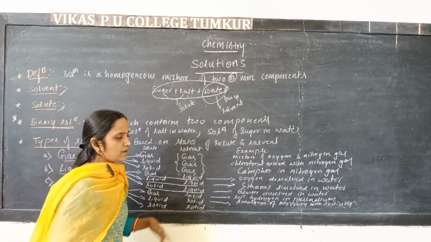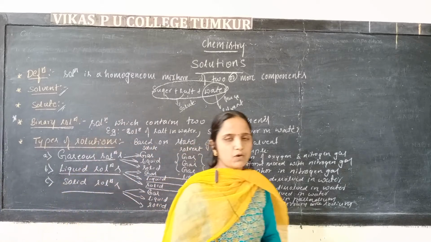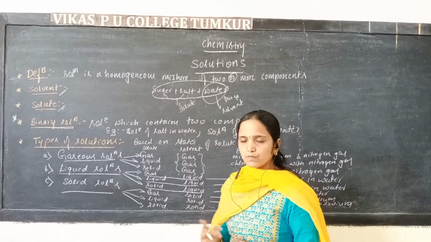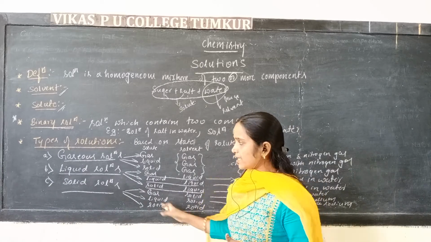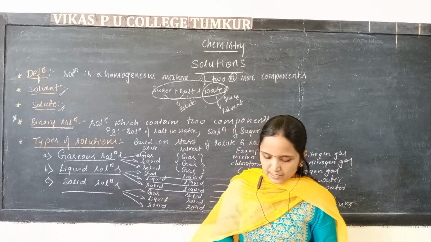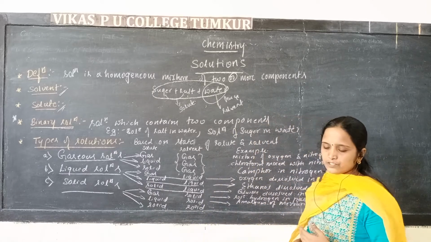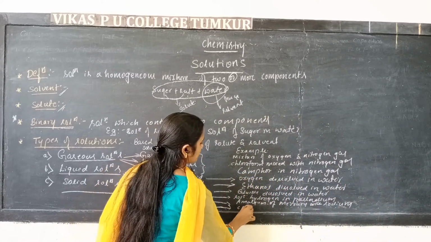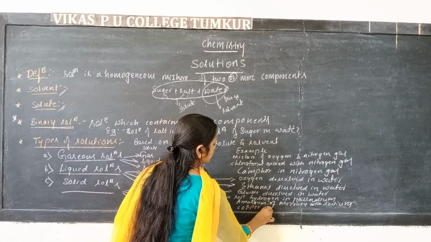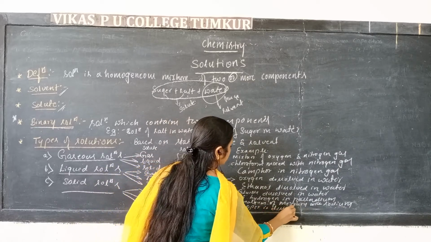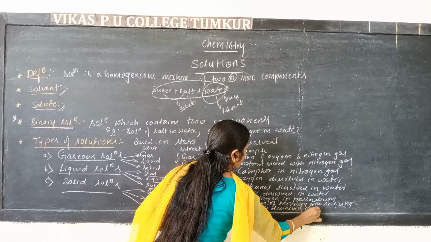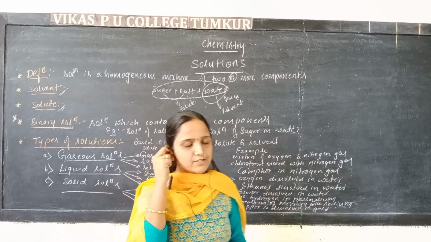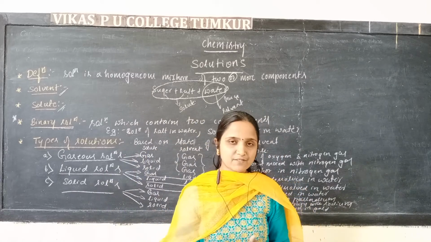Then solid in solid means two solids are mixed. We get a homogeneous mixture that we call a solid solution. Example for that, copper is dissolved in gold. We know that in a jewelry shop they do this work.